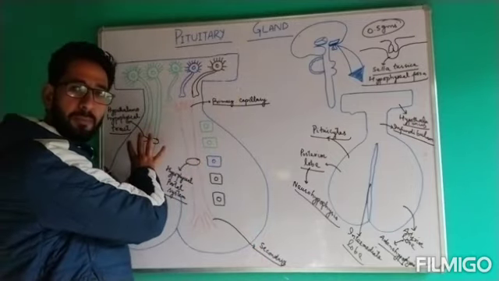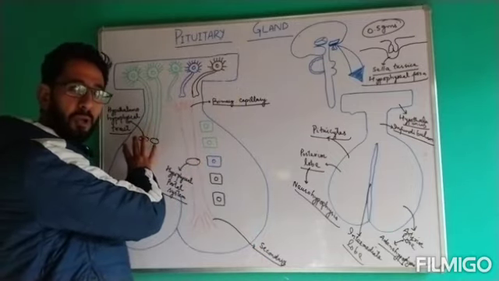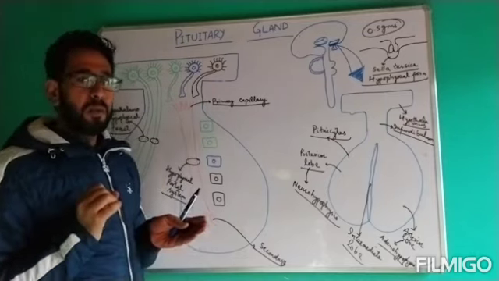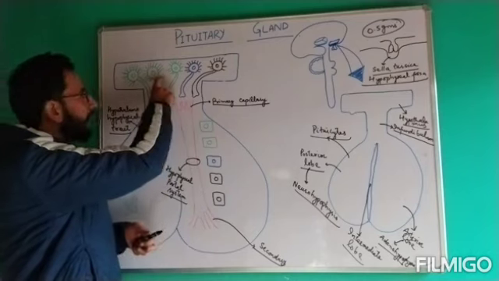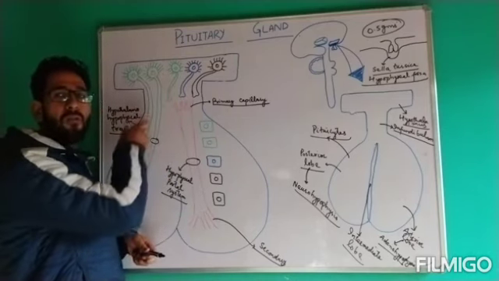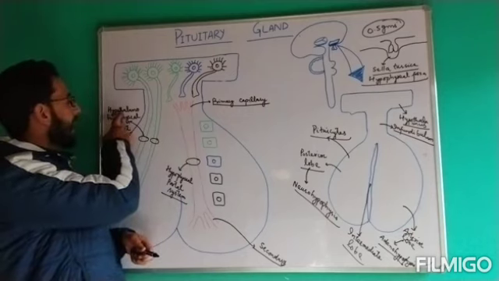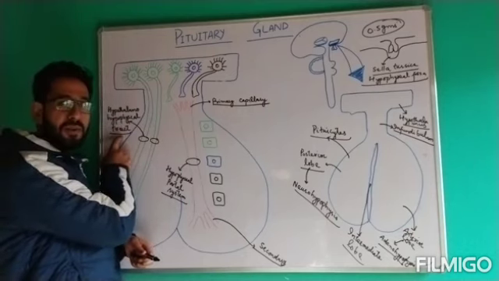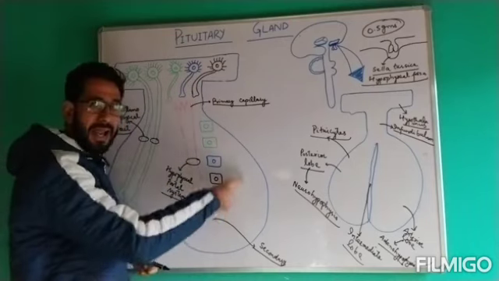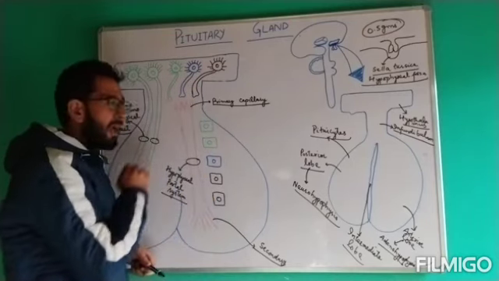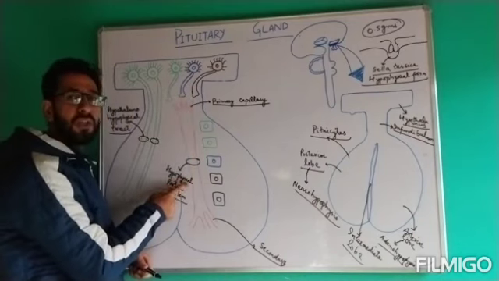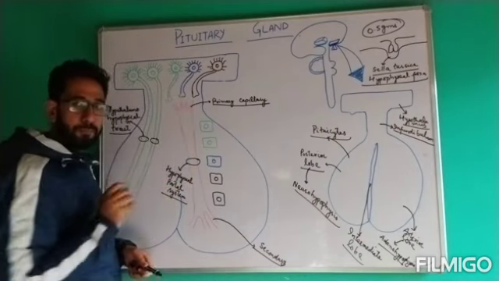It is different with the posterior part of the pituitary gland, and it is different with the anterior part. When we talk about the posterior pituitary, the connection is the bundle of axons called the hypothalamo-hypophyseal tract. And when we talk about the connection between the hypothalamus and the anterior pituitary, the connection is the portal system, which is called the hypophyseal portal system.